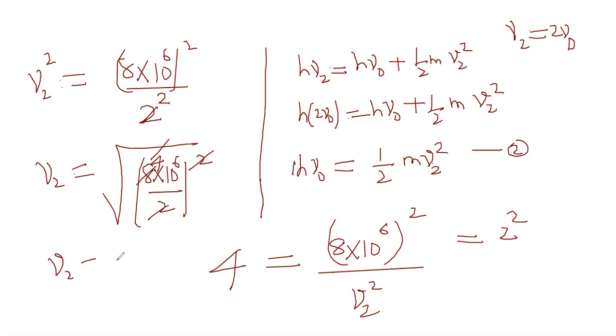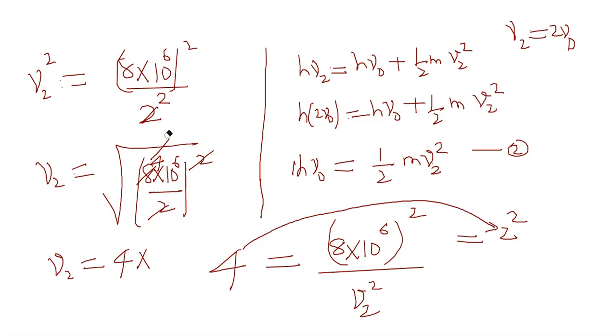Sir, wait. Why did you write V2 square? It's already there as V2 square. I didn't write it, it's there as V2 square. Okay, then why did you write is equal to 2 square over there? What is 4? 4 is equal to 2 square, right? Yeah, but why did you do that? So that you can take it into the root.